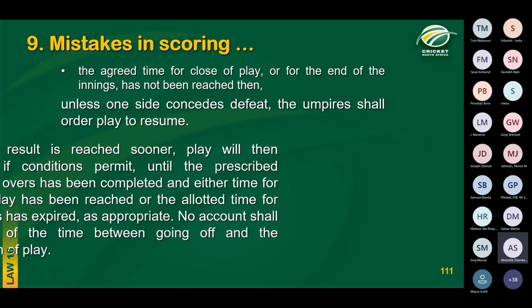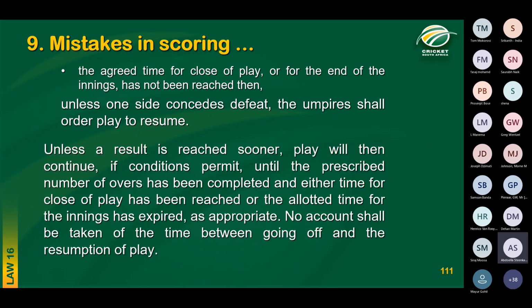Players need to go back onto the field. There's still another 4 runs to be scored. The law guides us by saying players now need to go back, and again, you still need to have overs left in your last hour, or the time has not been reached, and you need to go back and score those 4 runs.